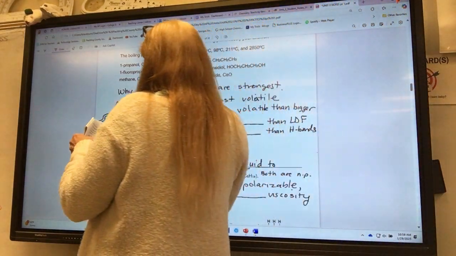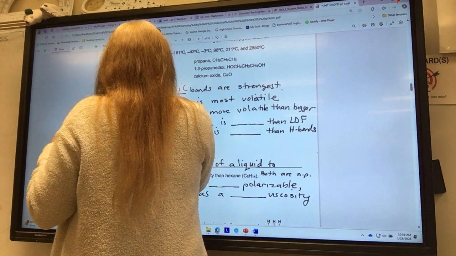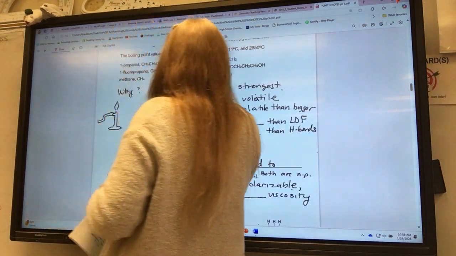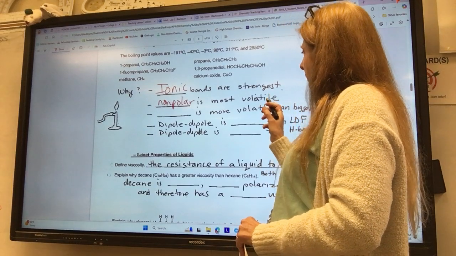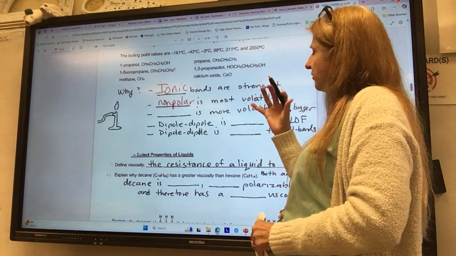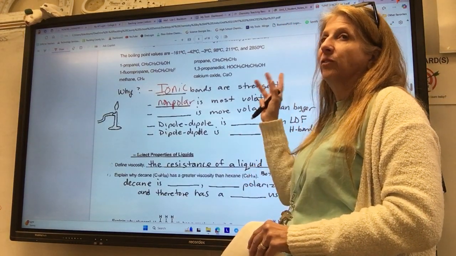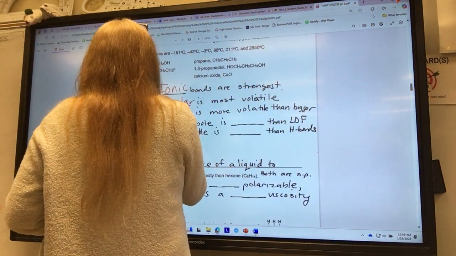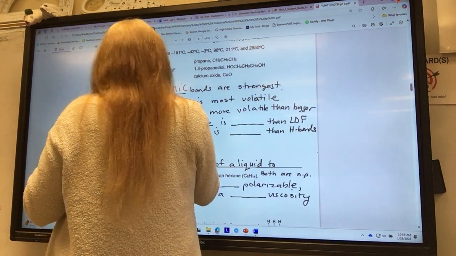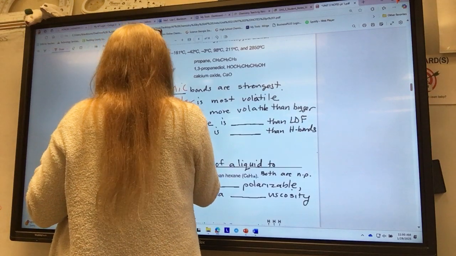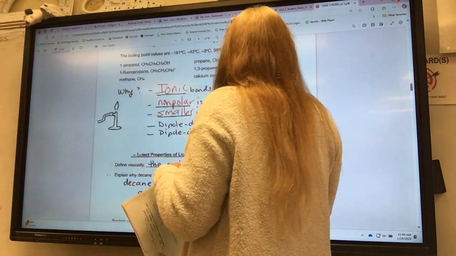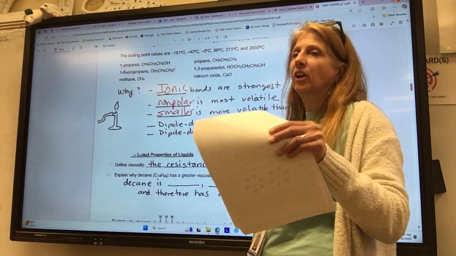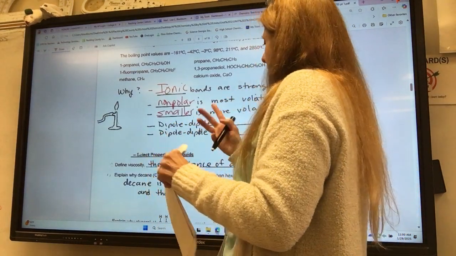That nonpolar has less forces on it. It's going to be volatile, it's going to be ready to go fly off and be a gas. Okay, smaller is more likely to fly off than something that's bigger, because bigger's got more electrons to get entangled and to react with others.